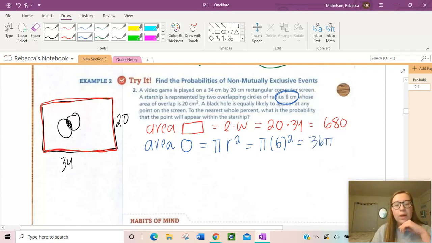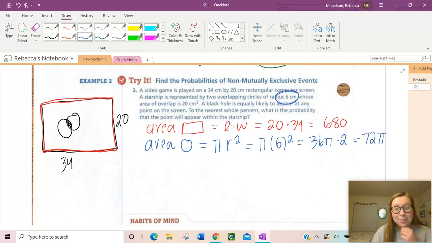But what do we know about these circles? Well, first of all, how many of them are there? There are 2 circles of this size. So let's go ahead and double this. 36 pi times 2 is going to be 72 pi. And I like having pi in my answer because it helps me avoid any decimal, but it doesn't give me a good representation.